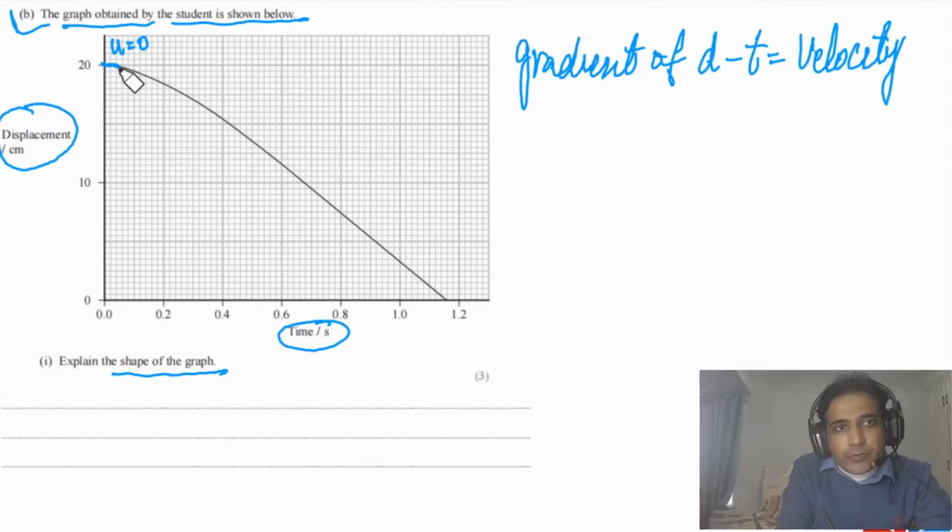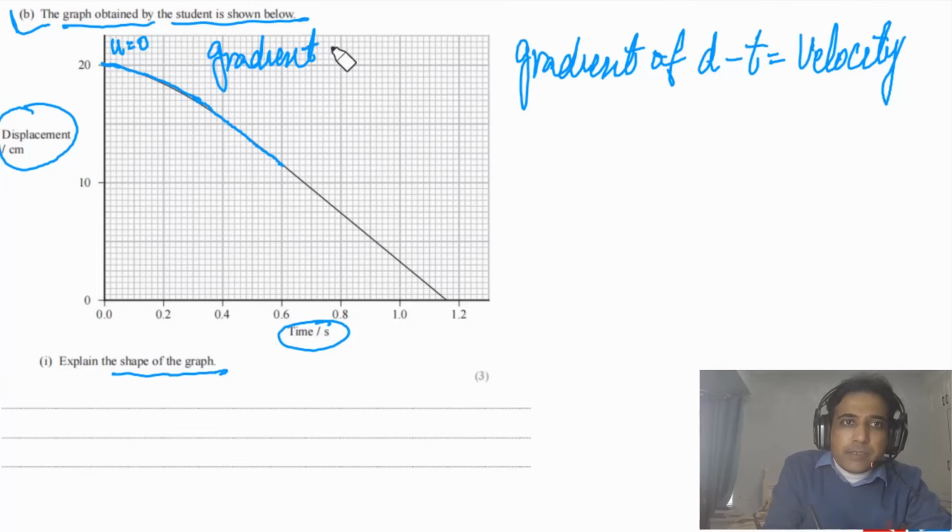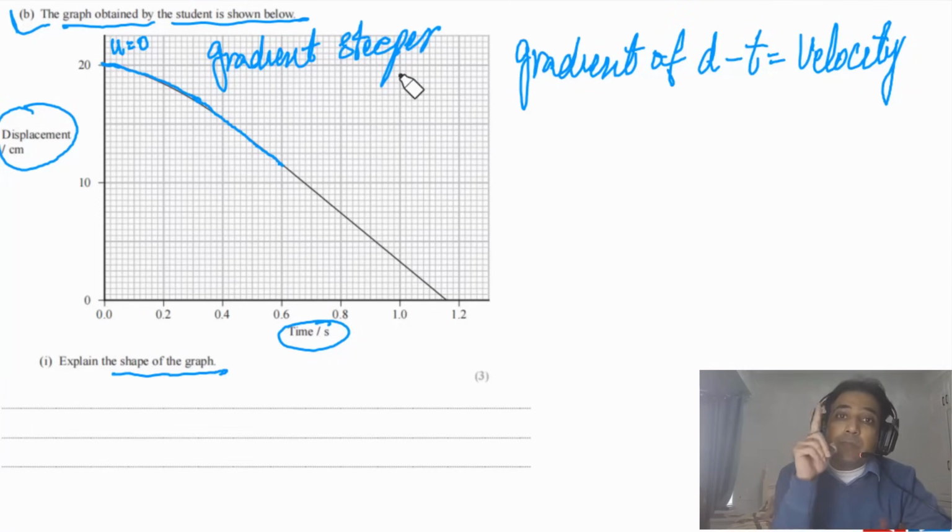And then if you look at the gradient, you can see this gradient is increasing. It keeps on increasing until this point. And so we can say the gradient is getting steeper. So if the gradient increases and the gradient represents velocity, it means velocity is increasing.